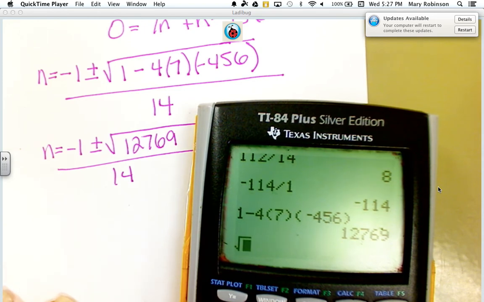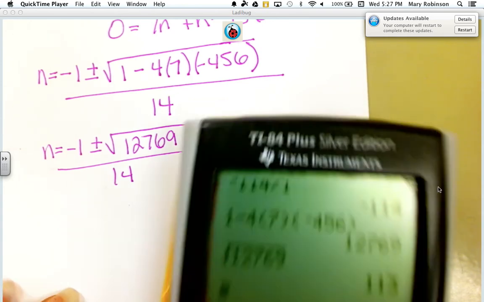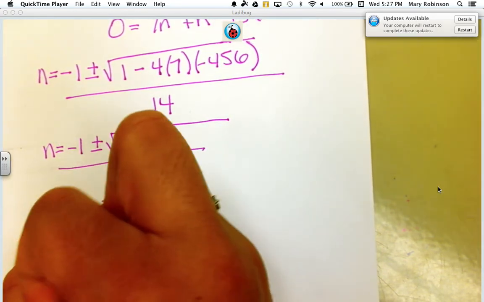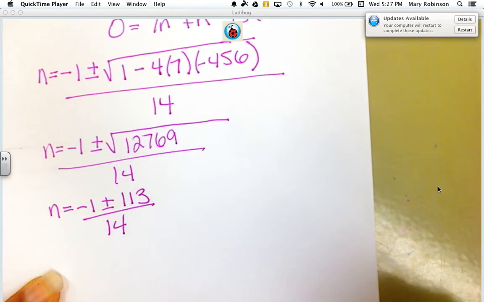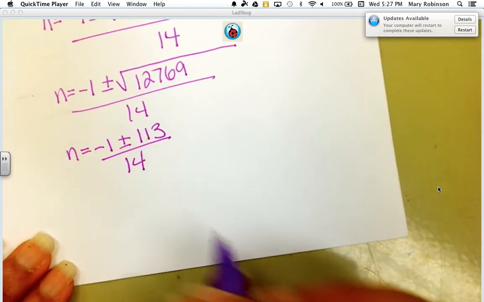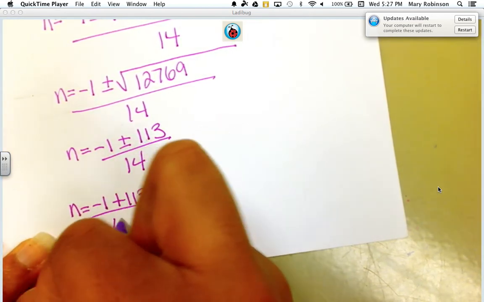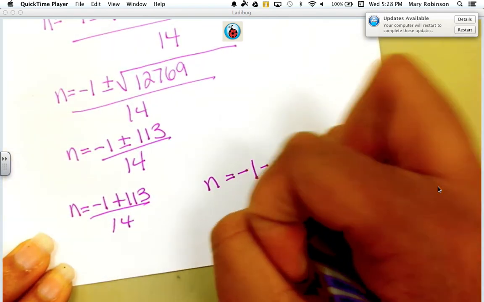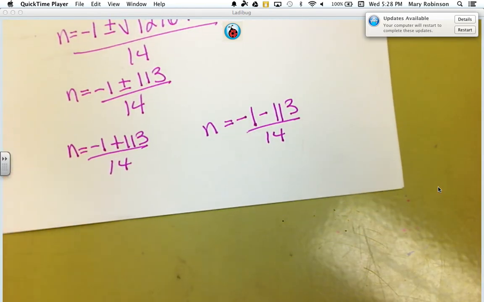Let's see if the square root of 12,769 is a perfect square. And it is, so we're in luck. So n equals negative 1 plus or minus 113 over 14. Then we break it apart: n equals negative 1 plus 113 over 14, and n equals negative 1 minus 113 over 14. We type both into our calculator.